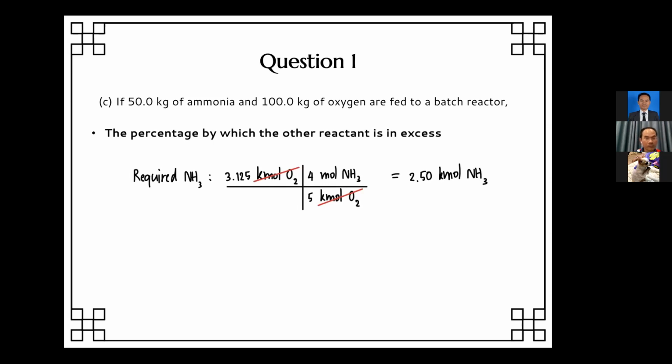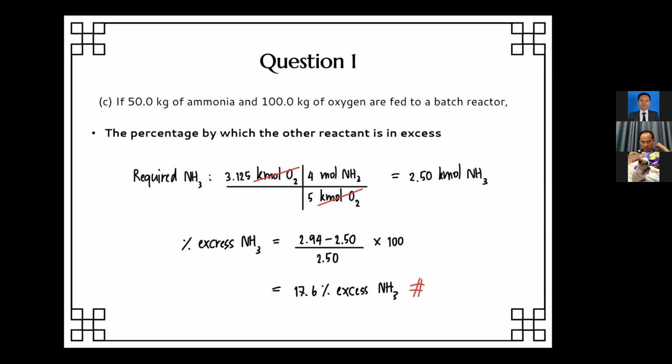So the required ammonia is 3.125 kmol of oxygen times 4 moles of ammonia over 5 moles of oxygen, so it's 2.50 kmol of ammonia. And then the percentage of excess ammonia is (2.94 minus 2.5) over 2.5 times 100. So the answer is 17.6% excess ammonia.